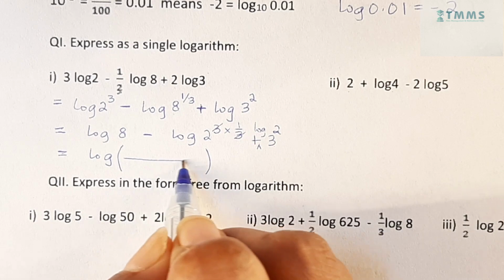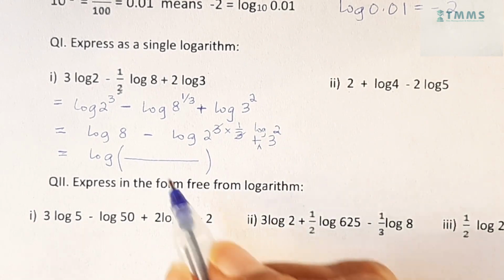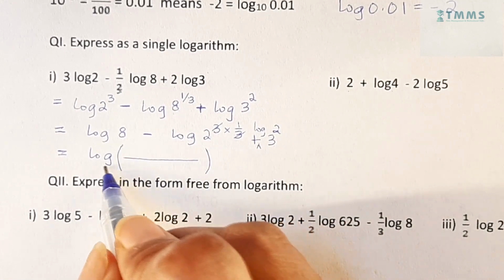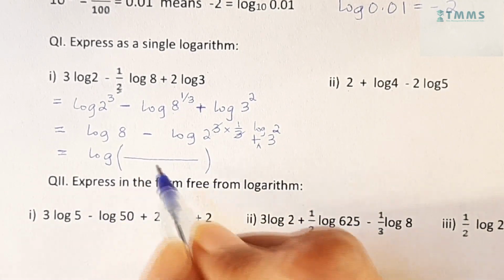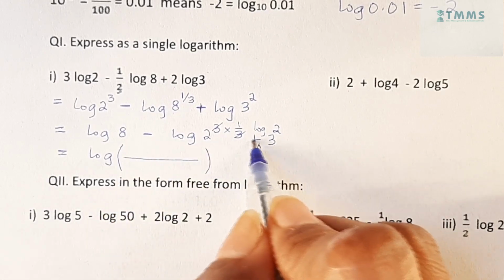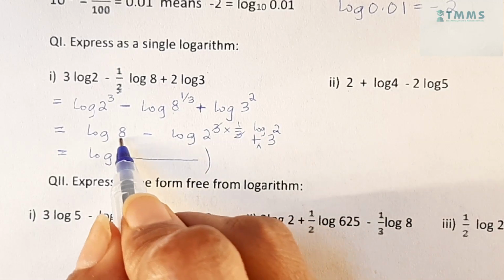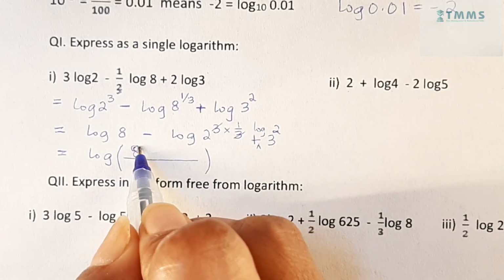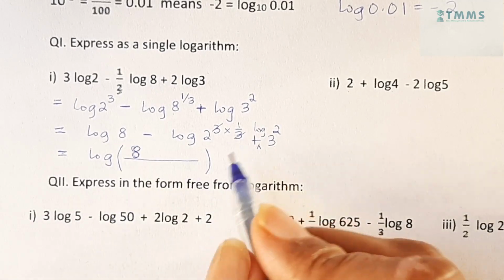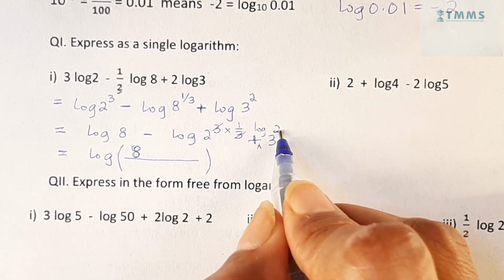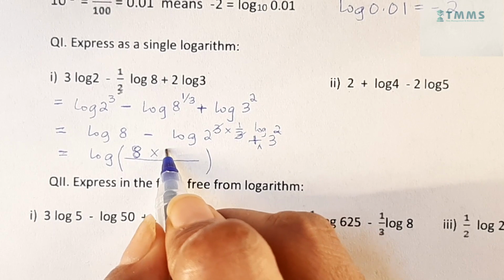We will put a numerator denominator line. So this is another tip that I want to tell you. Anytime you have something like this, you should write it as log of a big number, and whatever is having plus sign, those numbers will get multiplied. So you will see 8 will be in the numerator, but this is plus sign, log 2 to the power 3. So this will get multiplied.